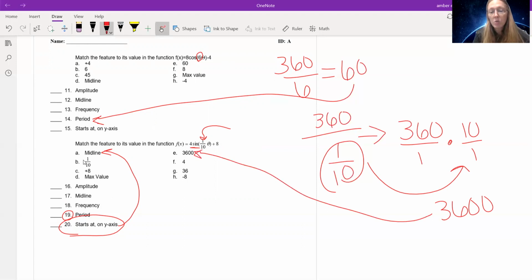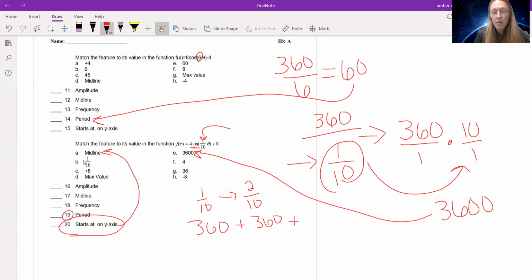Because our frequency is 1/10, it says that by the time we get to 360 degrees, we've only made 1/10 of a turn. We need another 360 degrees to now make 2/10 of a turn.